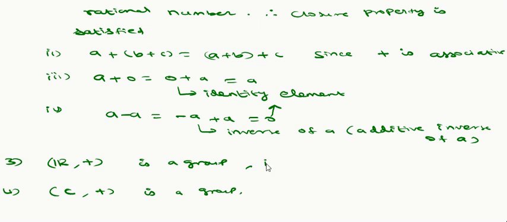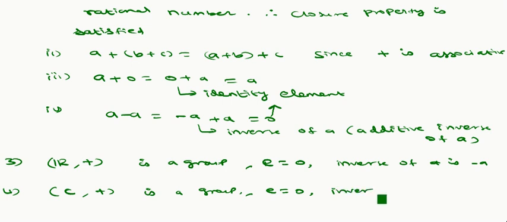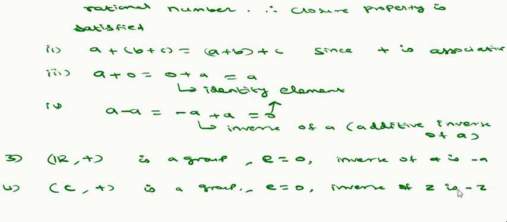Here the identity element is 0 and the inverse of A is minus A. Here also the identity element is 0 and the inverse of Z is minus Z. Next we will see some examples which are not a group.